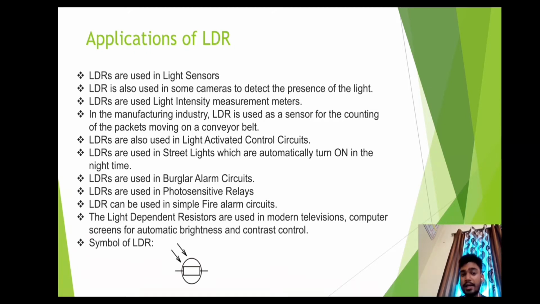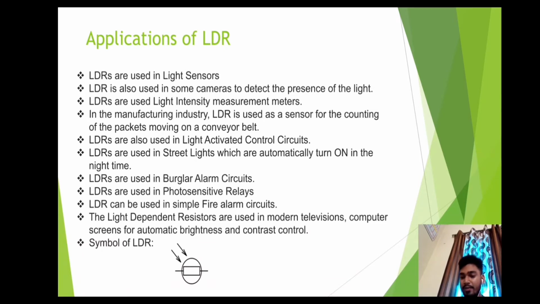LDR is used in light intensity measurement meters. In the manufacturing industry, LDR is used as a sensor for counting packets moving on a conveyor belt.